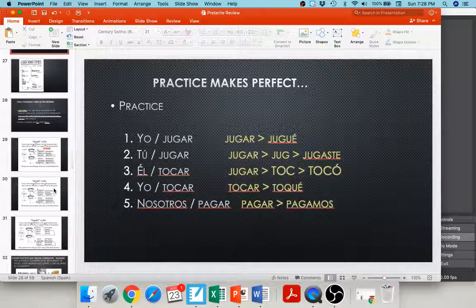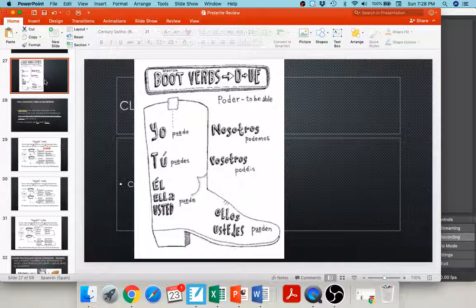Okay, we've talked about regular preterite AR and ER and IR verbs. We talked about those irregular yo form verbs like car, gar, zar. Next, I want to talk to you about stem changers in the preterite. Now, you may remember when thinking back to Spanish 1, how we had some stem changers from O to UE and E to IE and E to I. We called those boot verbs because you saw a change in each form.